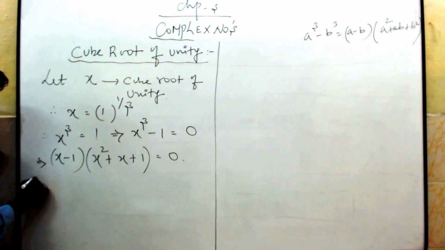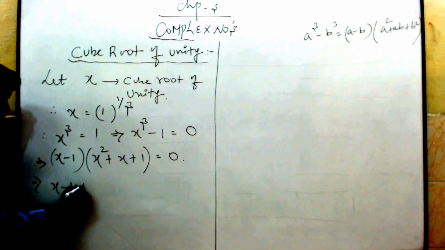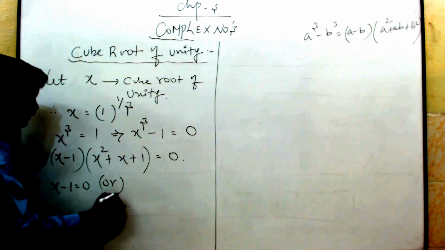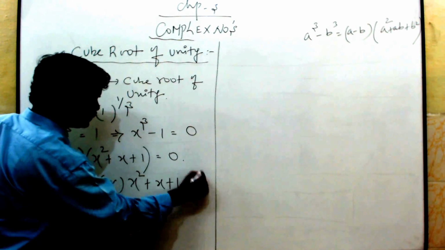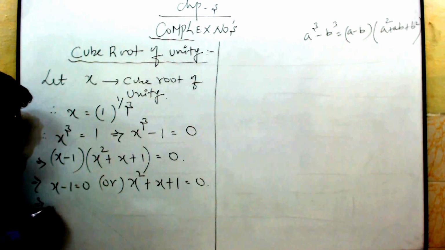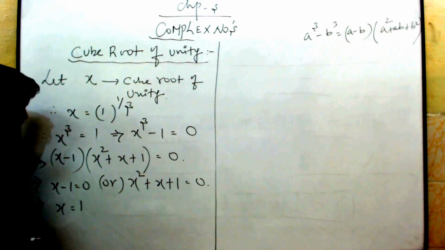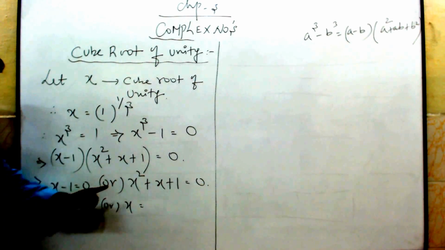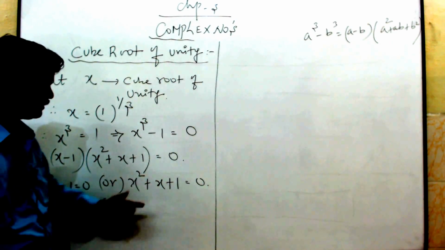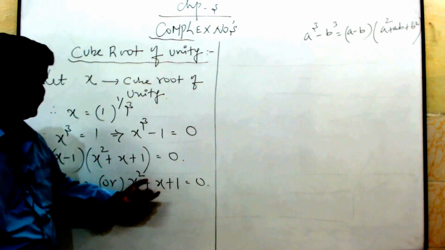to 0. So from this, x minus 1 is equal to 0, or x square plus x plus 1 is equal to 0. So from this x is equal to 1, or x is equal to, here we should again factorize. Factorize na solve பண்ணனும். Factorize பண்ண முடியாது.